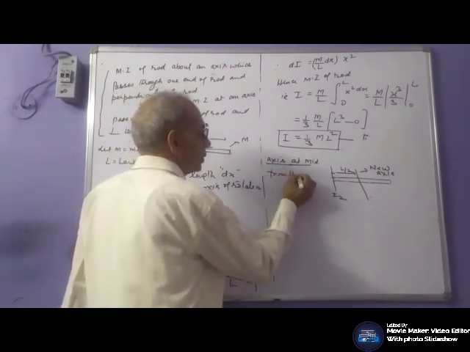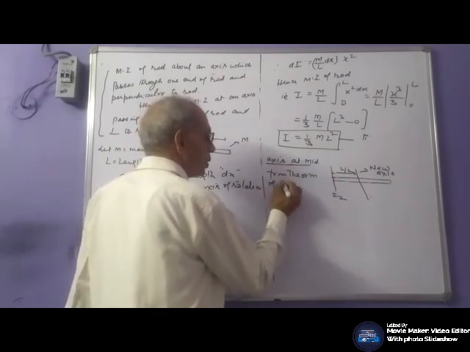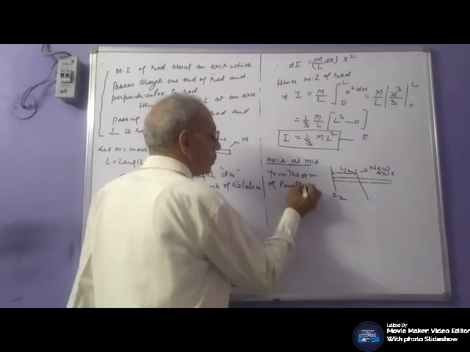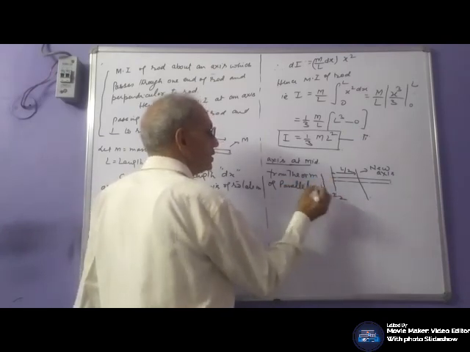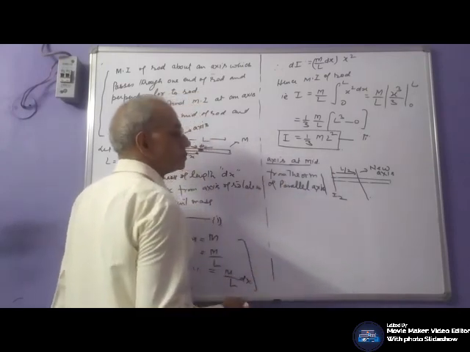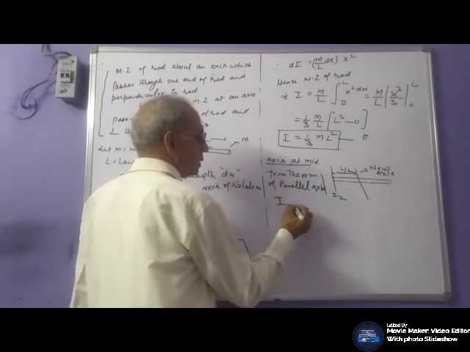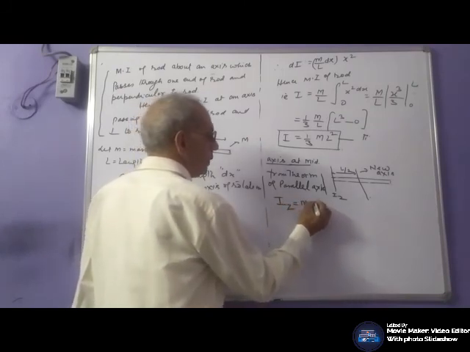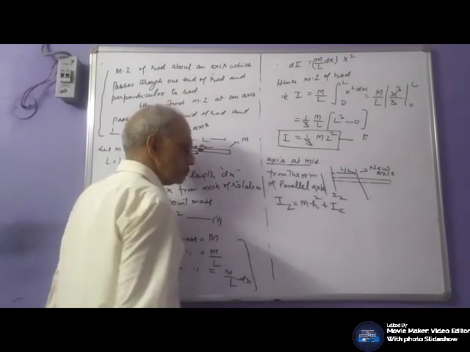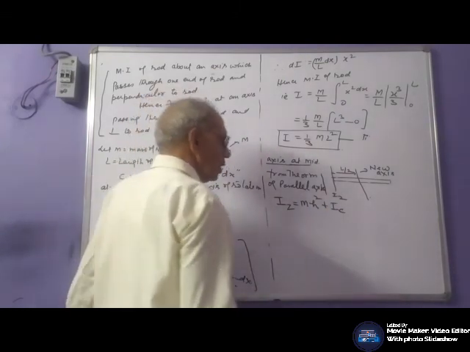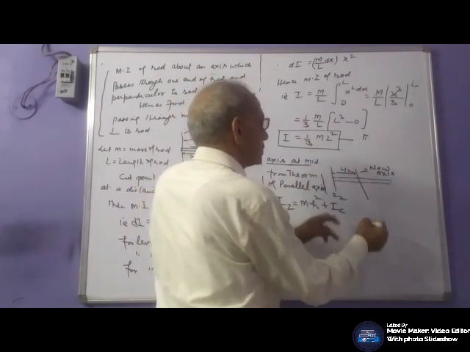From the theorem of parallel axis, again it is deleted, IZ is Mh square plus IC. H is the distance between two parallel axes.